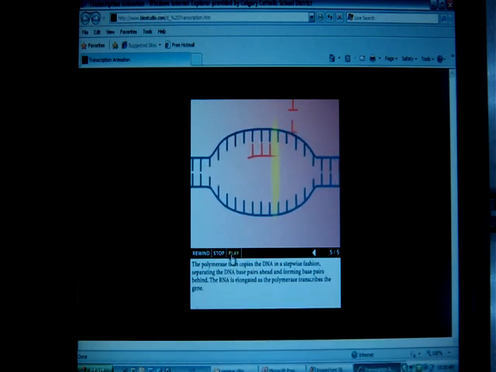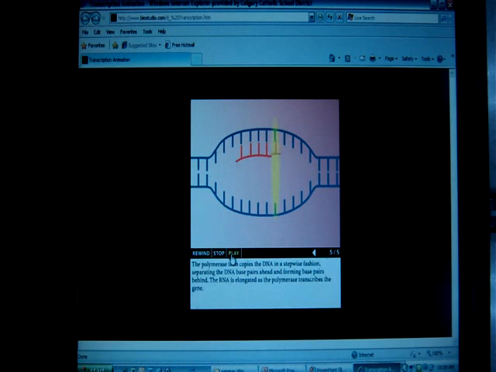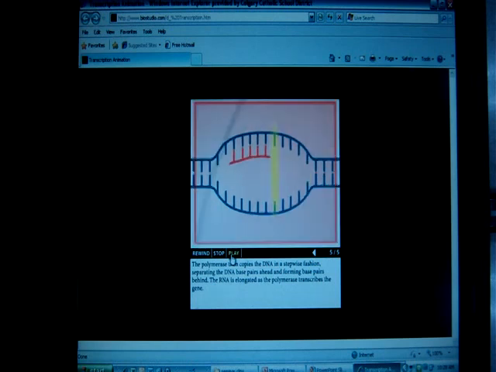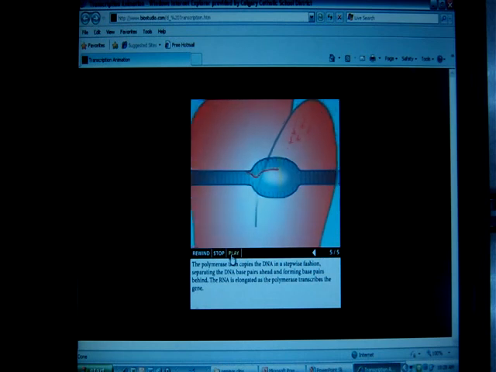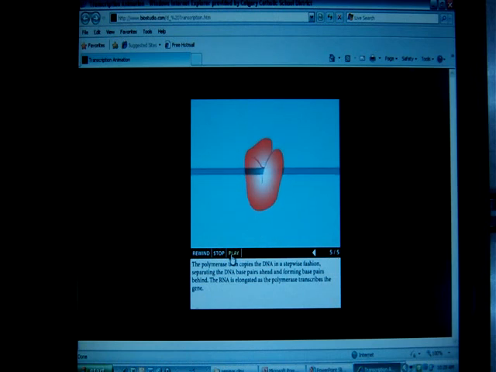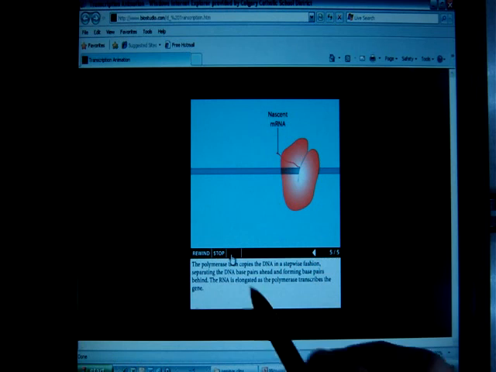So it just moves down the chain, adding the complementary sequence of RNA. Notice again that the RNA that we're making is single-stranded, and that's one characteristic of RNA that's dissimilar, not the same as DNA. And then when it's done, it just releases the RNA, and we're done transcription.